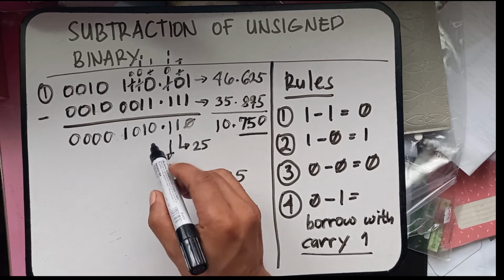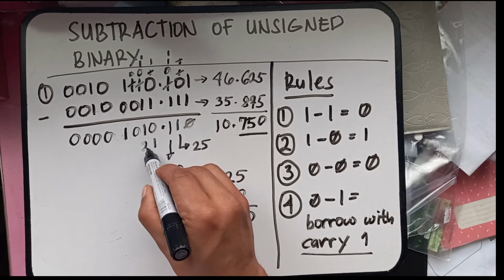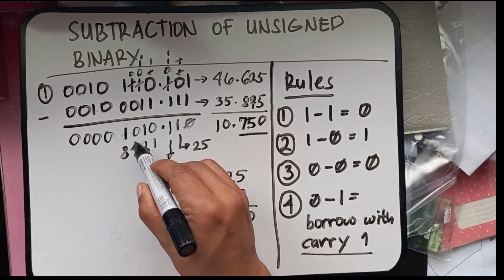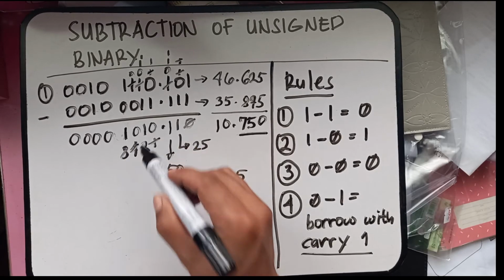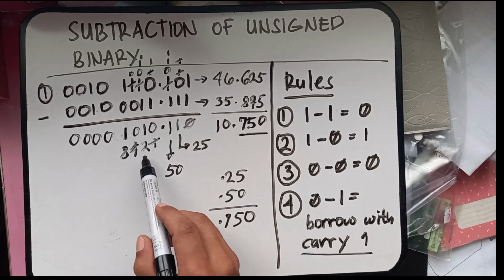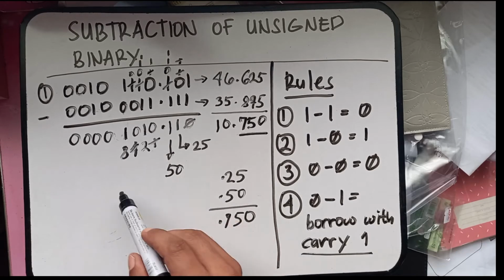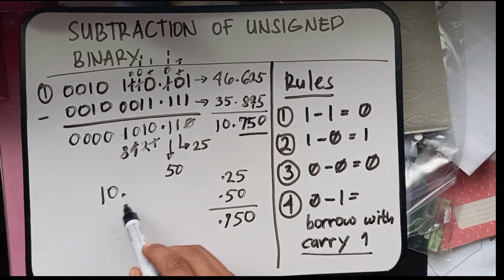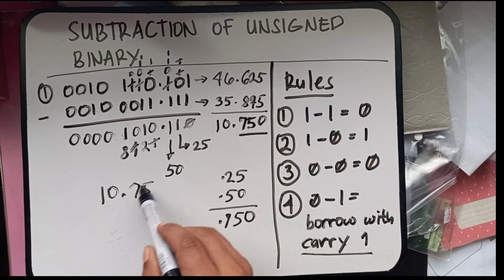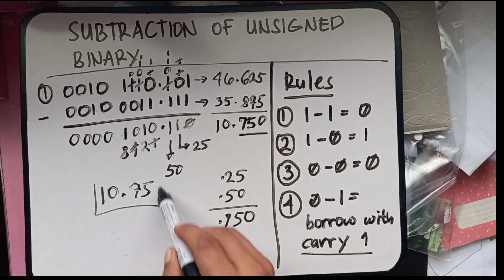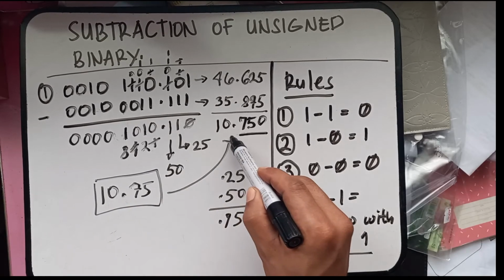Let's mark the numbers here, 1, 2, 4, 8, and then we cancel those with 0, and what is left is just 8 and 2. So 8 plus 2, that is 10. So this is 10.75, which is equivalent to our answer here.